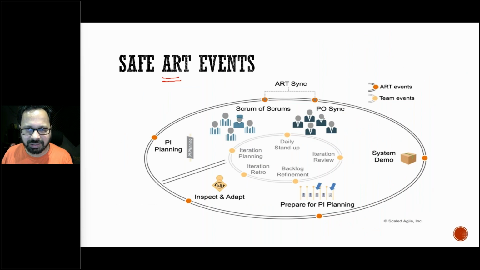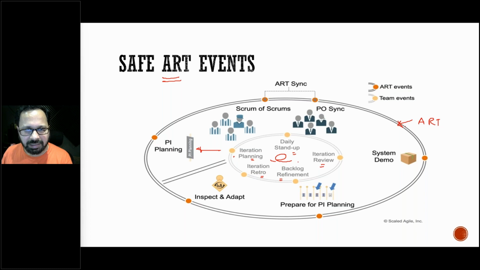So here there is an inner circle which shows you the Scrum events. These are nothing but the Scrum events, which are iteration planning, daily stand-up, iteration review, backlog refinement, and iteration retrospective, which are provided in this particular circle. And these are nothing but the ART events. Okay, so in the ART events, again we have a similar type of event: iteration planning, we have PI planning.